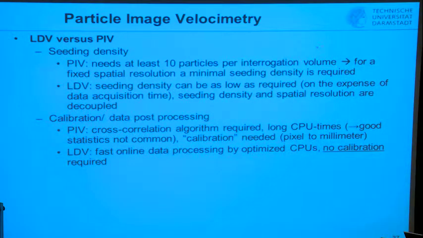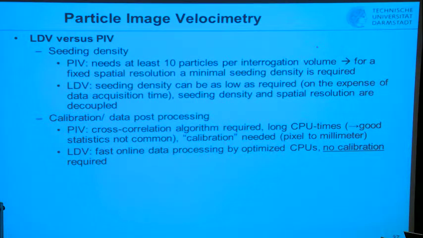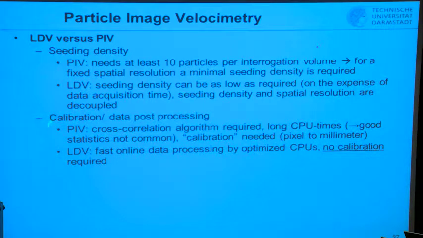And that's why it is, in that sense, more robust. Another benefit of LDV is that the post-processing is done online, such that you directly see during the measurements what your statistical quantities are doing, the mean, the PDF, for example, of these velocities you're measuring. So that is a clear benefit, but of course it's only a point-wise technique, and PIV is a field method.